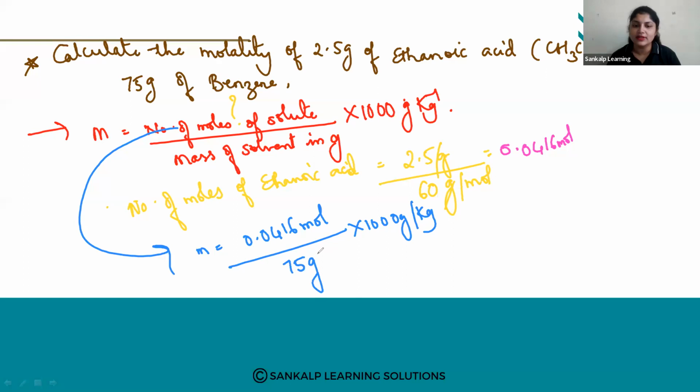Gram and gram get cancelled. What you do: 0.0416 divided by 75.